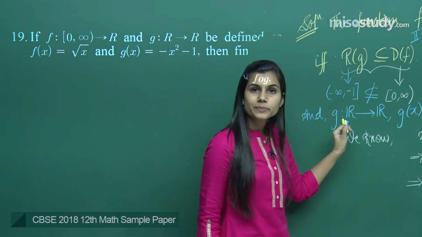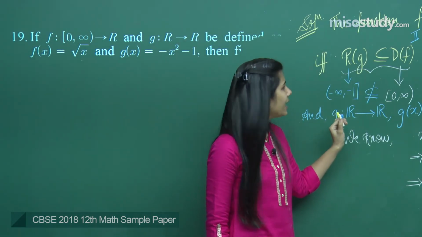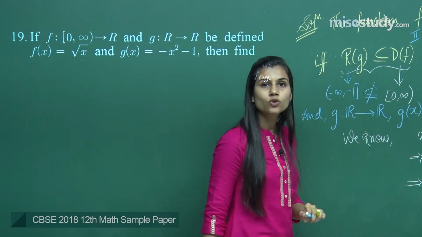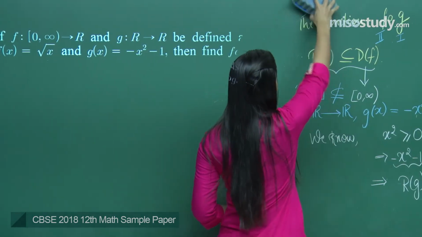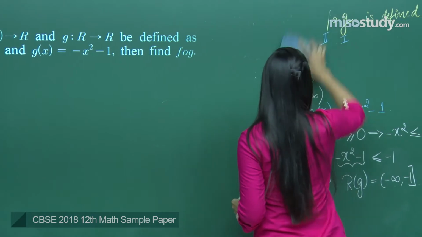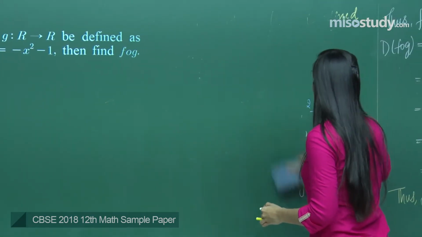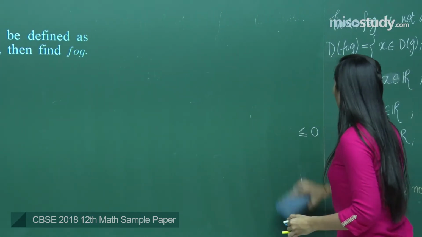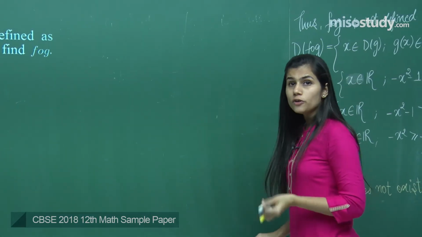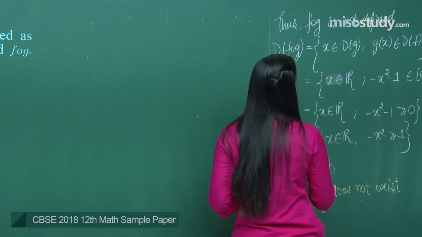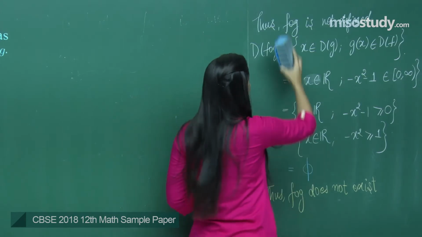Like here we observed, for FOG to be defined, range of g should be contained in domain of f. Because we observed that the range of g was not at all contained in the domain of f, in fact, not even a slight portion of range of g was contained in the domain of f. That is what we observed through here.